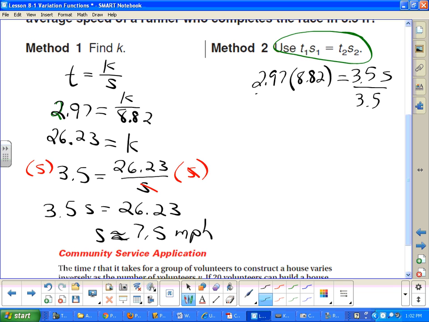Divide both sides by 3.5 to get your approximate speed of 7.5 miles per hour. And don't forget your units. Definitely method 2 is much easier than method 1 in the inverse also. So if you have an inverse variation problem they want you to solve, then you'll be a little bit farther ahead by just solving it using method 2.